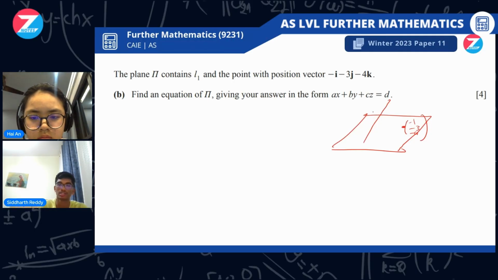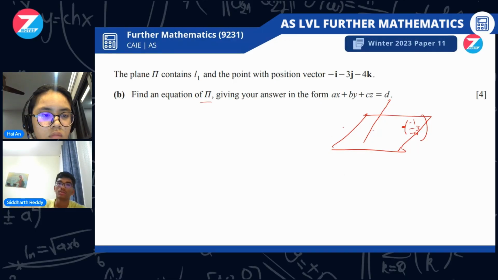The plane contains it. So find an equation of the plane, giving your answer in the form ax plus by plus cz is equal to d. So to find the Cartesian equation of the plane, what we need is just two direction vectors on the plane, and one point on the plane. So the reason why we need two direction vectors is to form the normal vector of a plane.